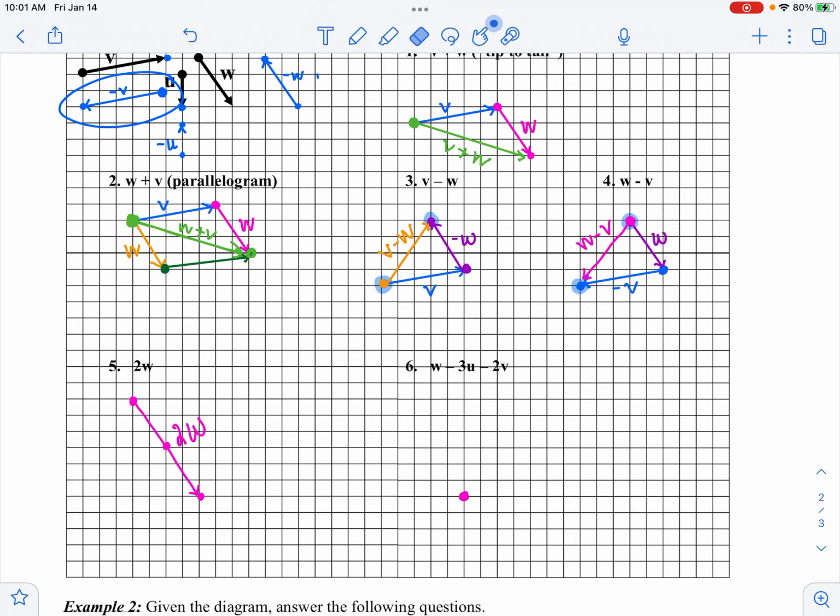Not a big deal. Okay, let me erase all these things I circled and highlighted so that they're not in my way here. Okay, so I'm going to start by doing w. W is start at a point, go down 3, right 2. There's the direction of it. Hopefully I don't fall off the end of this, and that's w.